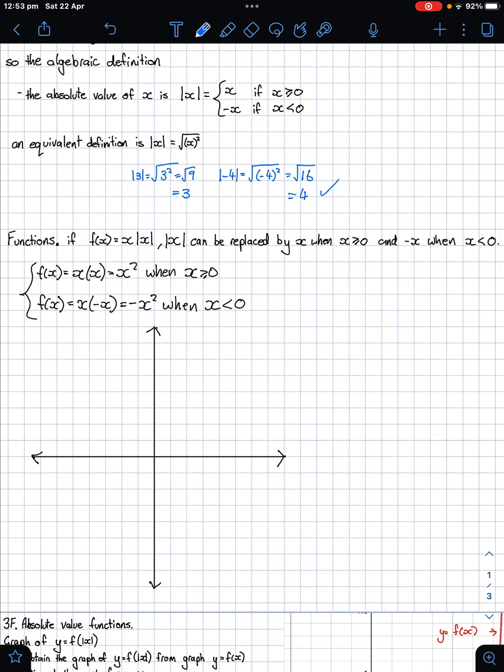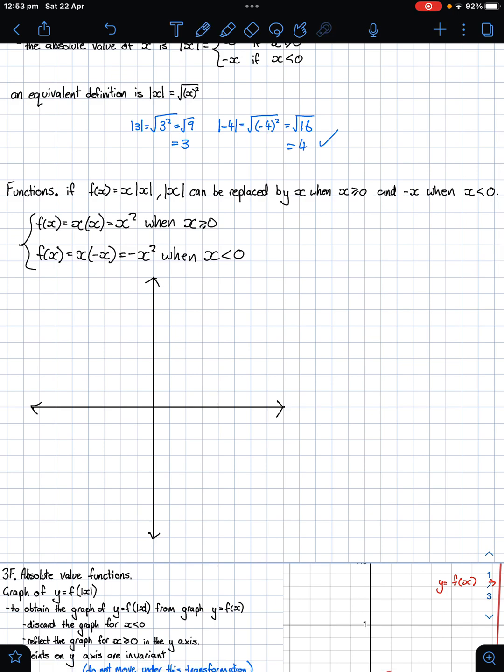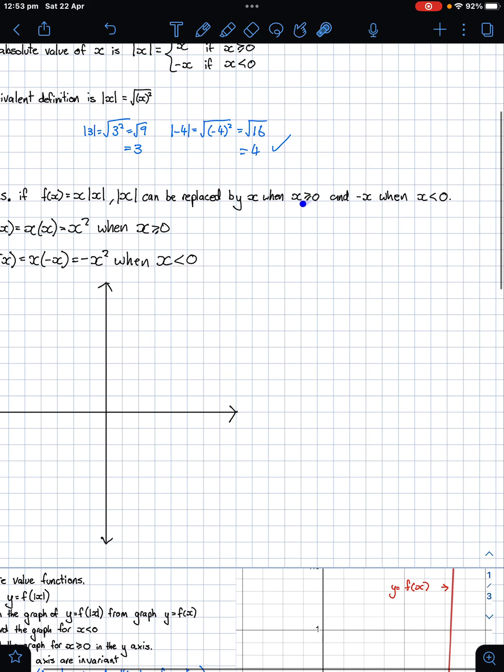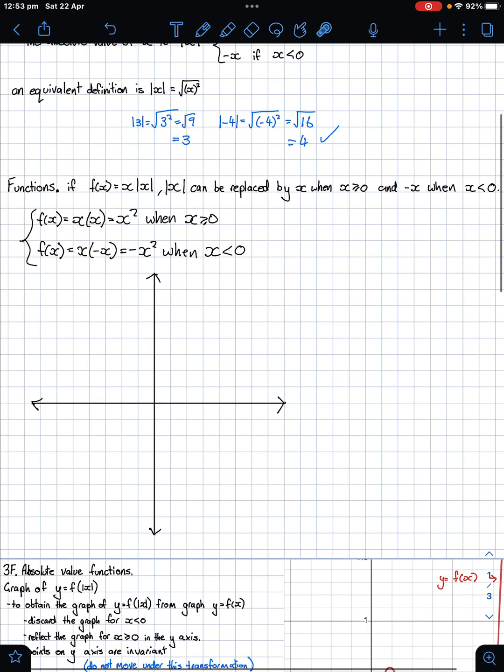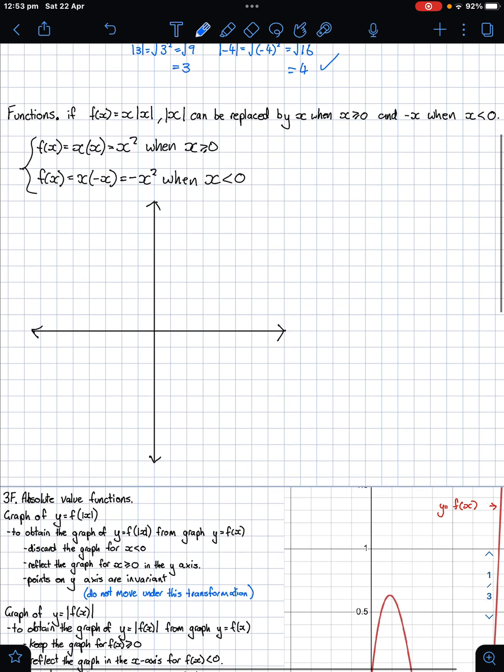This next one we're going to talk about, I've got a function here. If f of x equals x times the absolute value of x, then the absolute value of x can be replaced by x when x is greater than or equal to 0, and by negative x when x is less than 0. So the interesting thing about this is if I was to graph the function x squared, it would look like this.